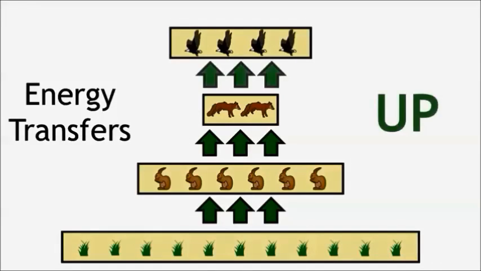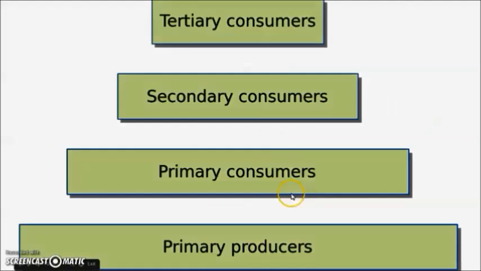When energy transfers from one organism to another, from a plant to a bunny, or from a bunny to a fox, the vast majority of that energy is lost along the way. Every ecosystem contains producers, sometimes called primary producers, who get their energy from the sun and make their own food. Primary consumers eat the primary producers.